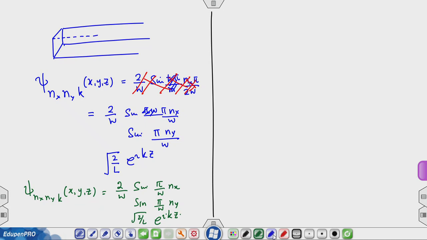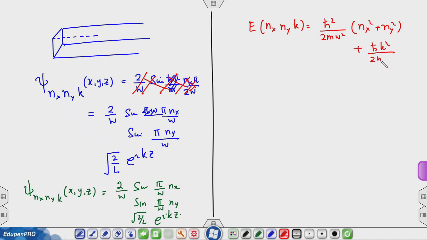And the energy E n x n y k is equal to h cross square over 2 m w square times n x square plus n y square, plus h cross square k square over 2 m.